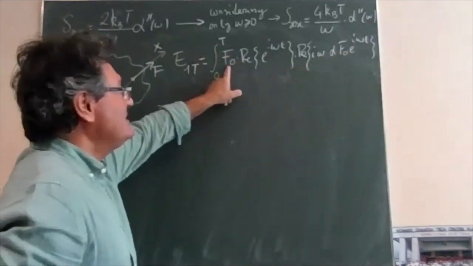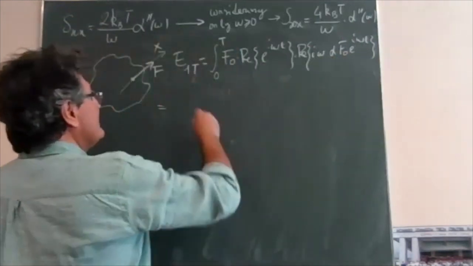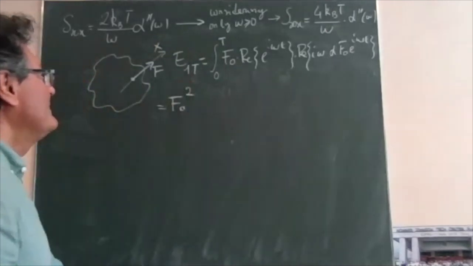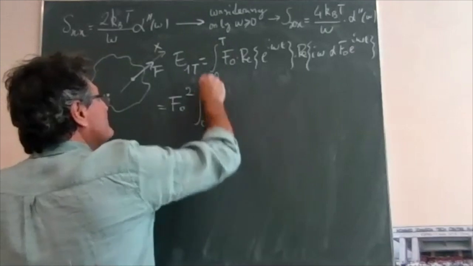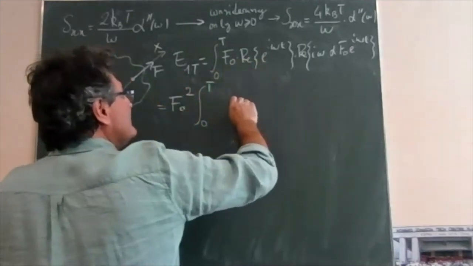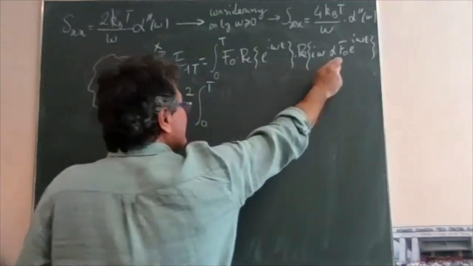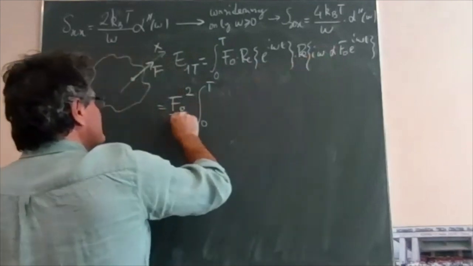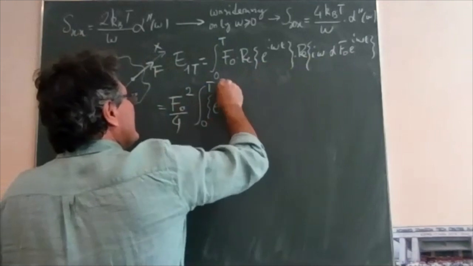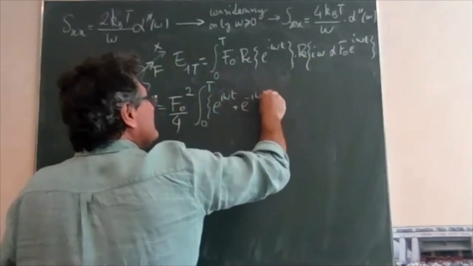F naught is the amplitude of the force, it is real, so we can take everything out. So this is F naught squared. And then we have the integral. This real part will have a factor of 2 here and a factor of 2 there, so this is a factor of 4. The first is e to the i omega t plus e to the minus i omega t.